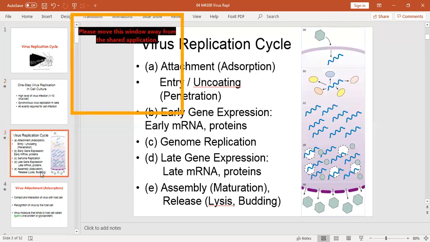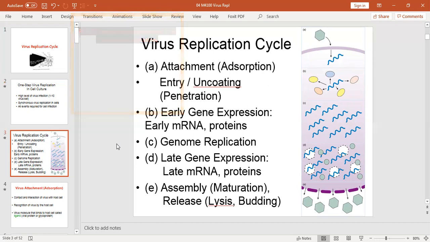The virus replication cycle has several different steps. The very first step is the attachment or adsorption.